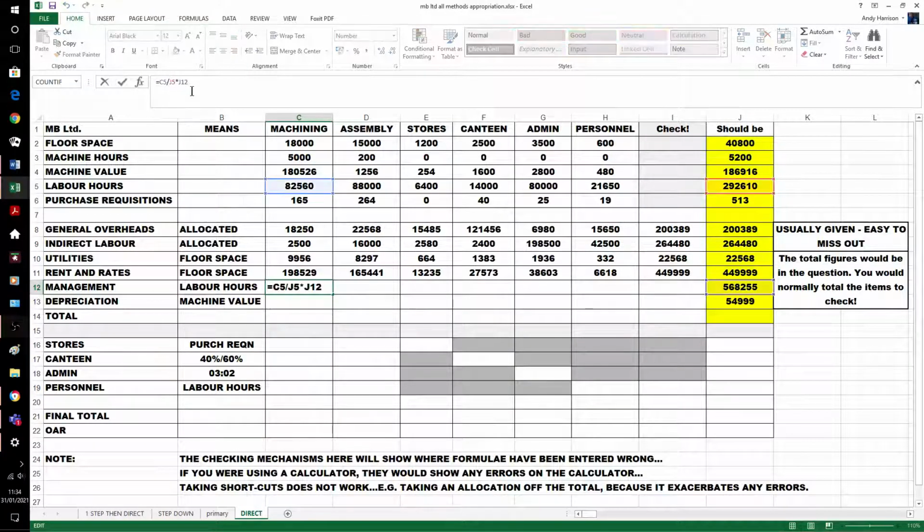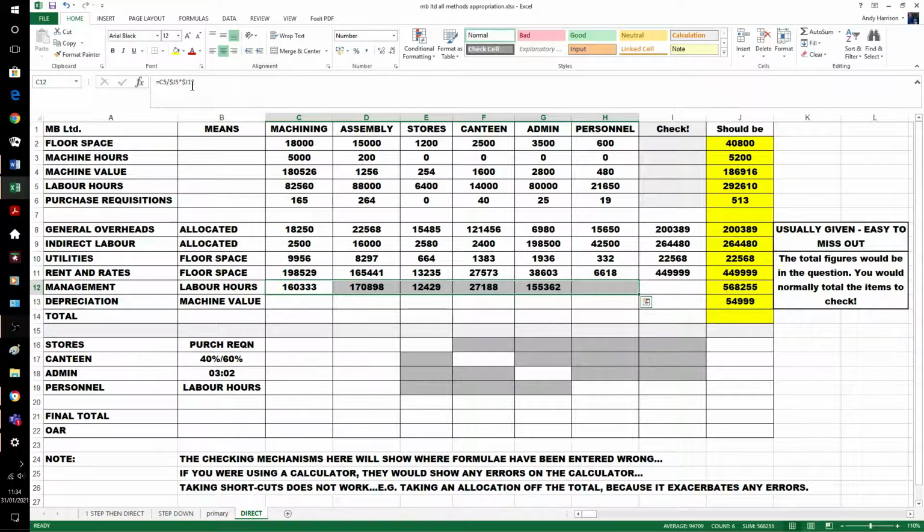Again, it's just use hybrid or half absolute. Does it look like, again, labour hours, more labour hours here, decent amount there. So yeah, it looks right, and of course it adds up. It would of course be possible to do the formula wrong and it still adds up right in some ways.